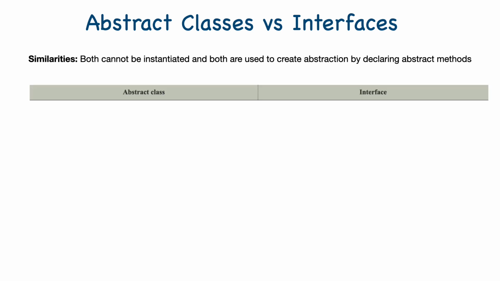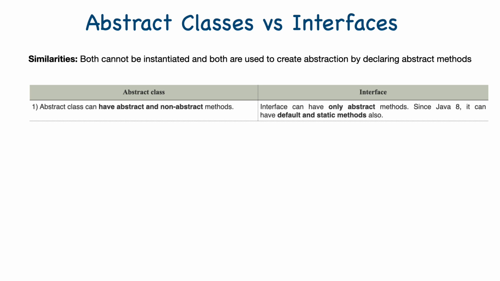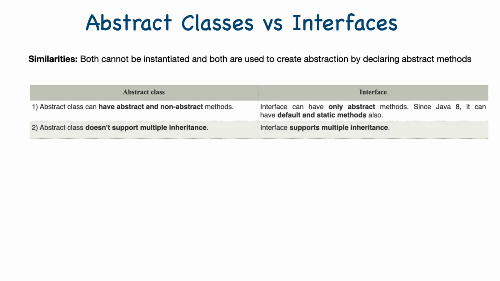When it comes to differences, abstract classes have both abstract and non-abstract methods, whereas interfaces only have abstract methods. But now from Java 8, methods which are part of interfaces can have some default implementation.